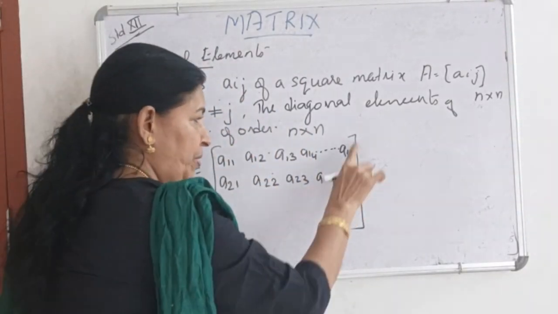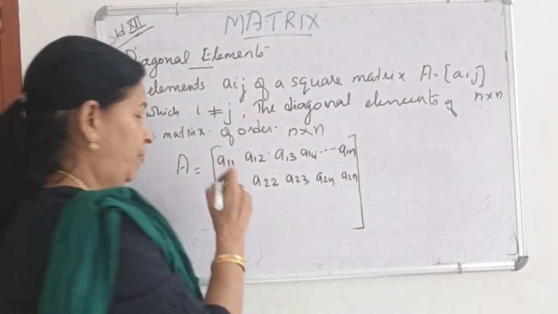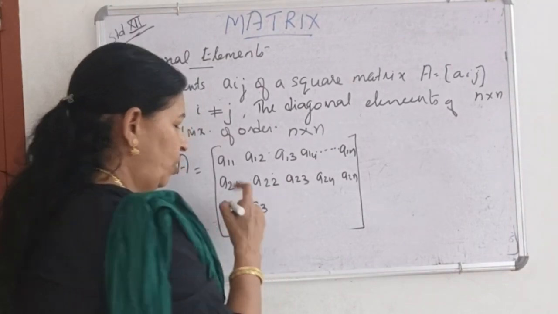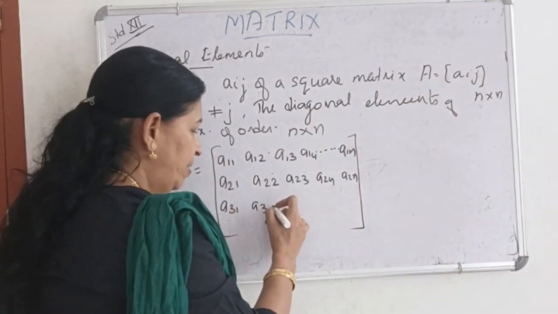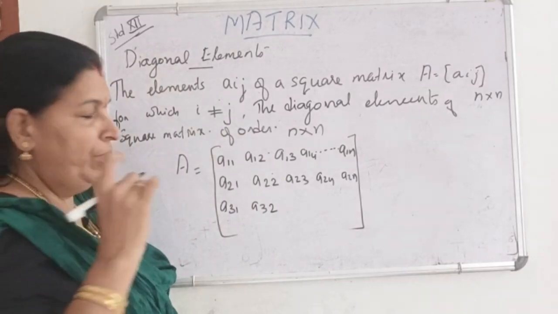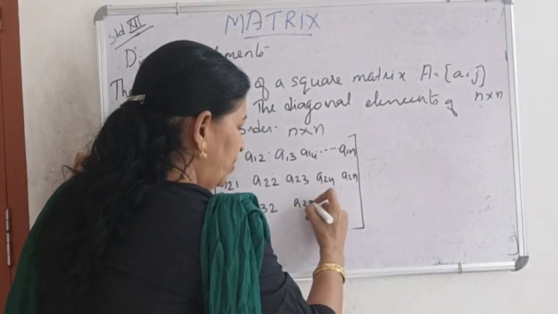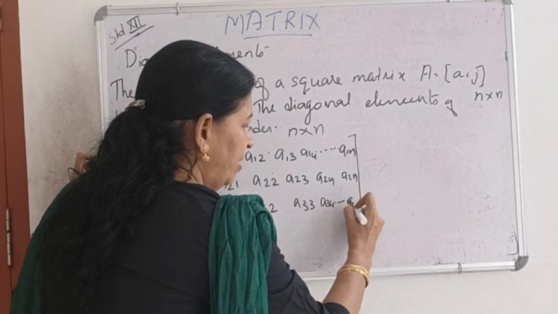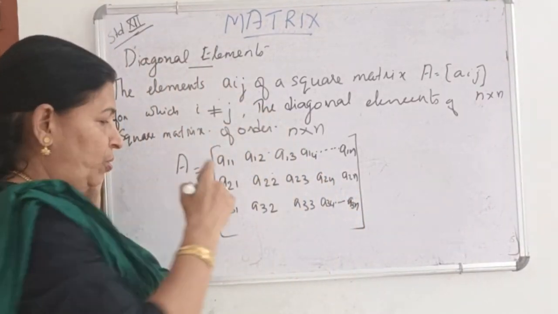Then third row: first element A31, second element A32, A33, A34, etc., A3n, the last element of the third row.